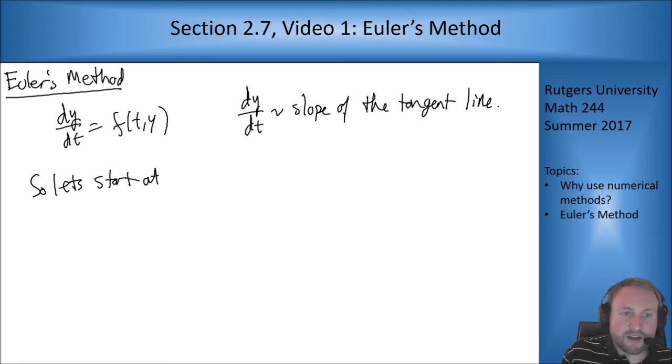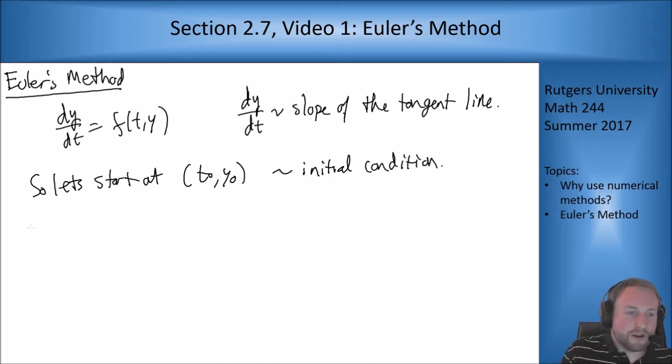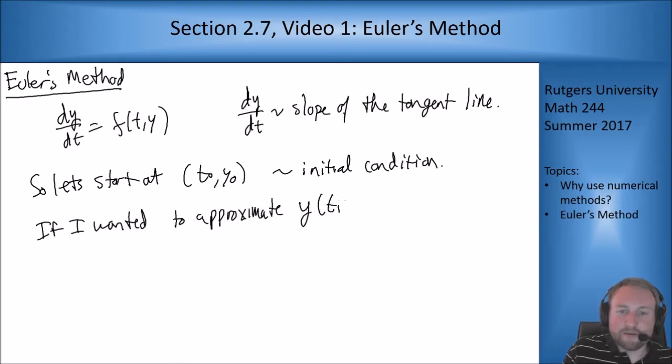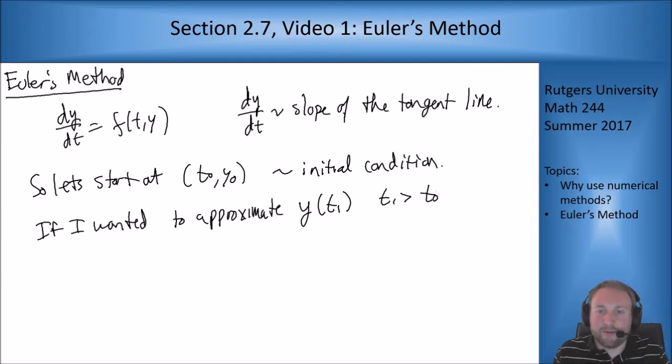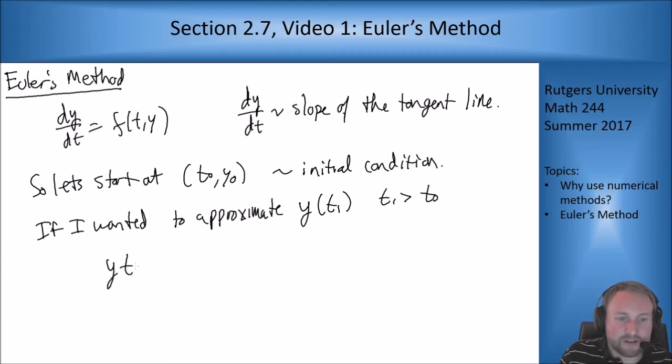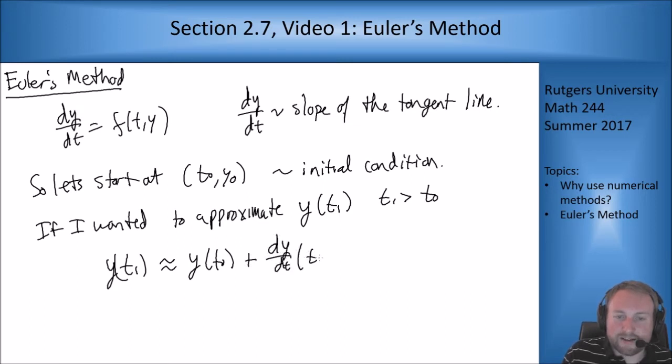So let's start at some point t0, y0 corresponding to the initial condition. If I wanted to approximate the function y at some t1 bigger than t0, but not too big, just slightly bigger than t0, I could do that by a tangent line approximation. What would that entail? That would entail saying that y of t1 is approximately equal to y at t0 plus the derivative at t0 times t1 minus t0.